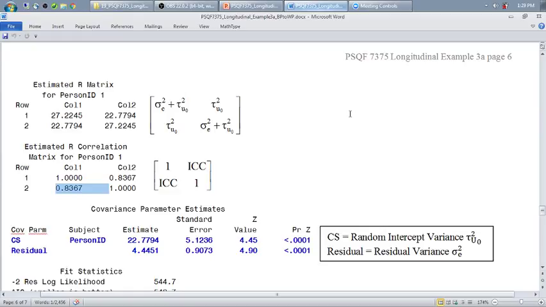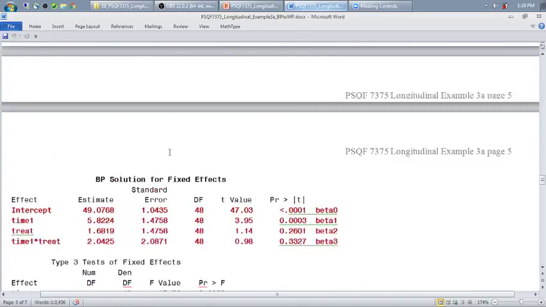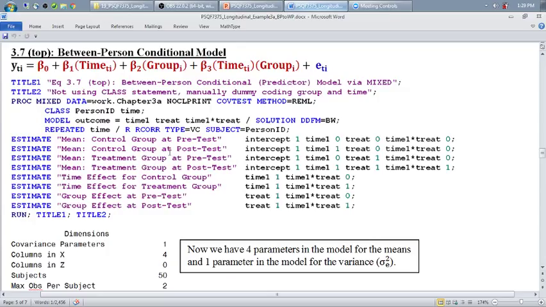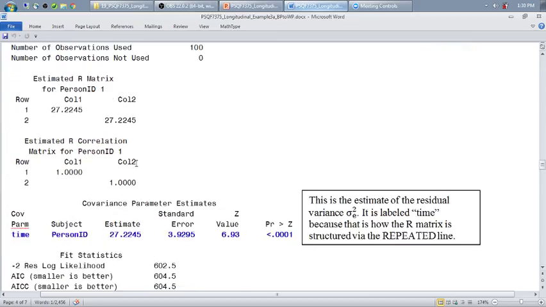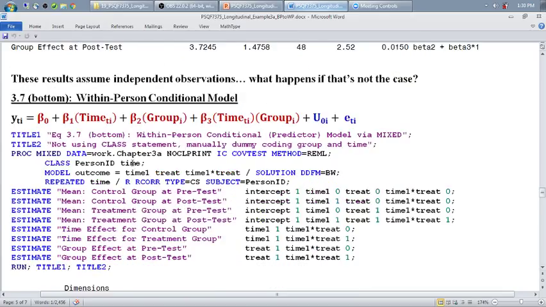In the between person conditional model in 3.7, we actually assume that all the observations are independent from each other, right? So it's just like a regular regression model. And for the 3.7 within person conditional model, we assume there are correlations within person because it's a repeated measure.